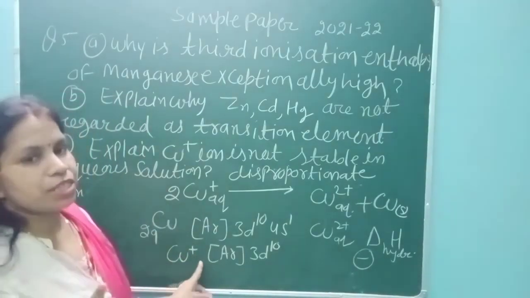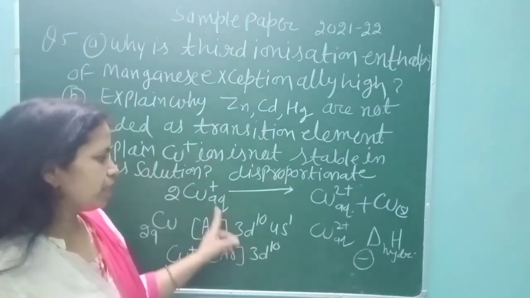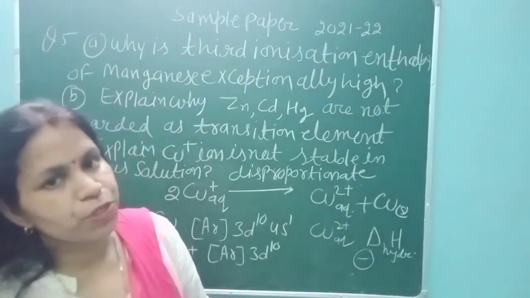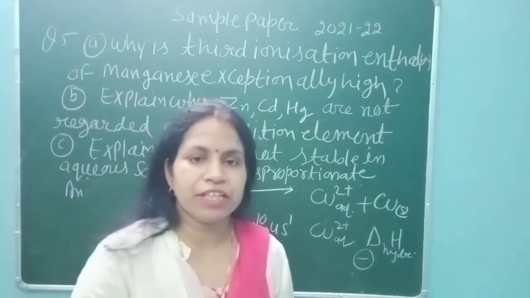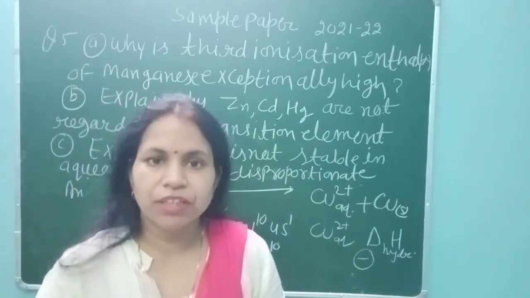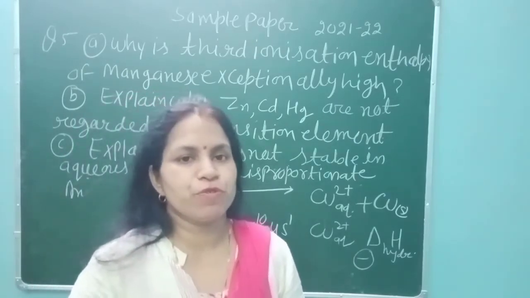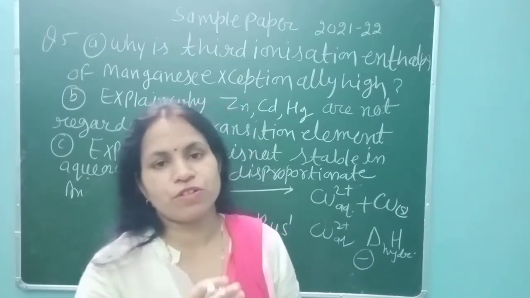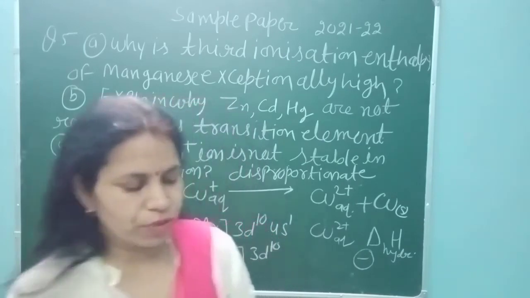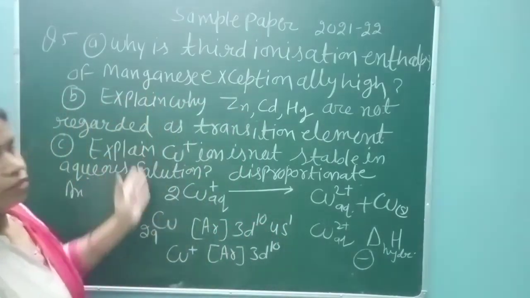Because Cu plus has a very high second ionization enthalpy, and for Cu2 plus the hydration enthalpy is more negative. The second ionization enthalpy is compensated by the hydration enthalpy. So Cu plus disproportionates, and oxidation and reduction take place simultaneously. So clear? So how to write the answer to this question?